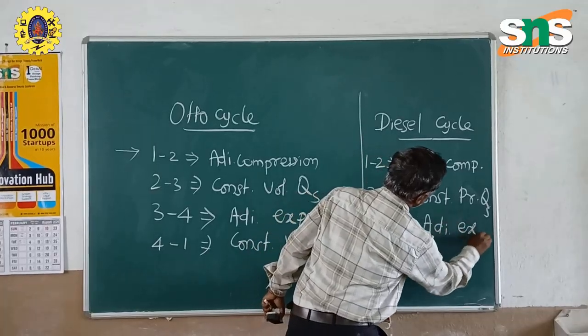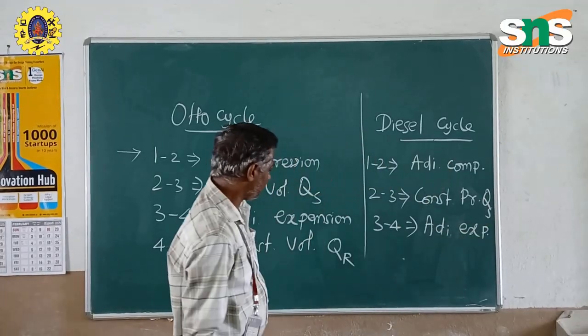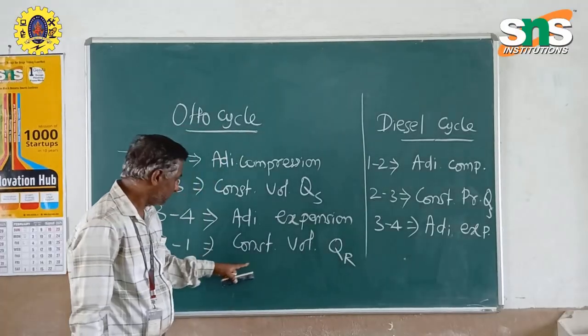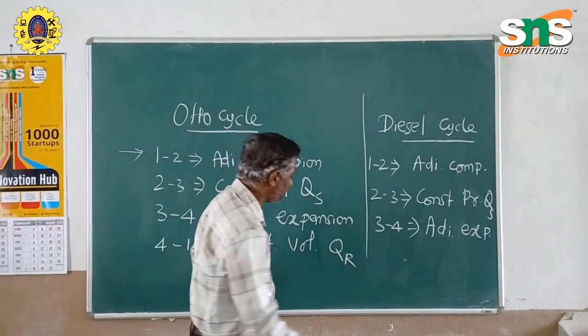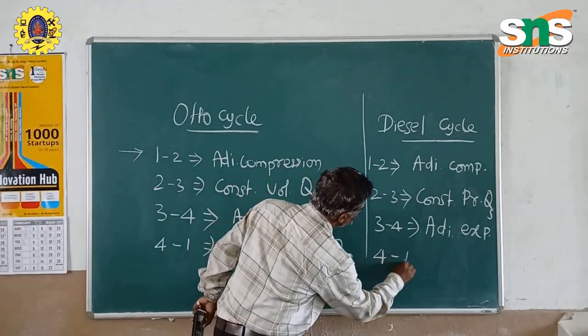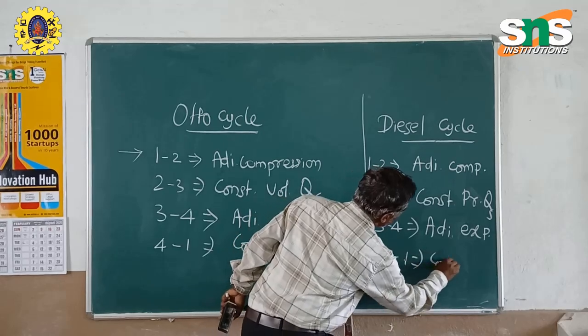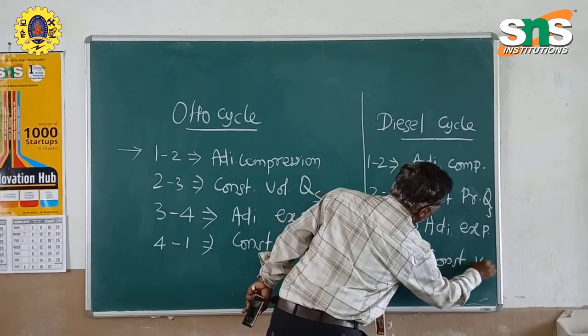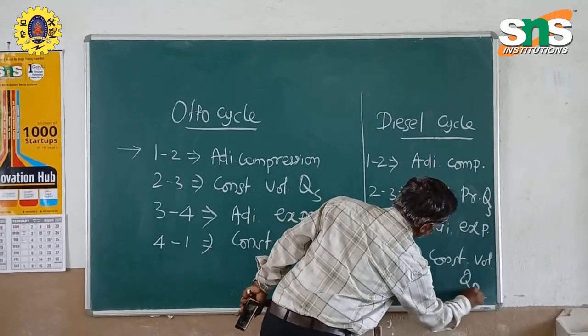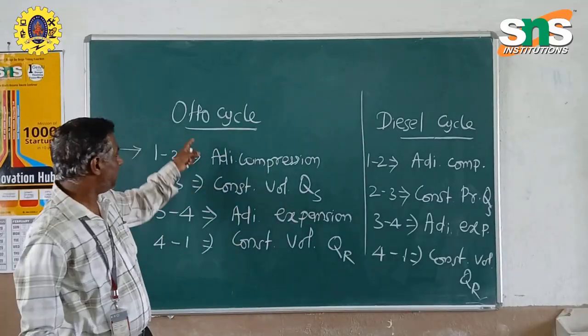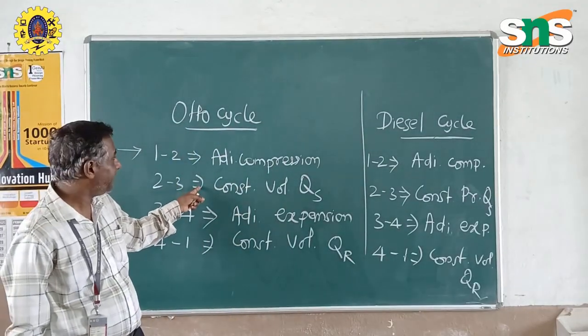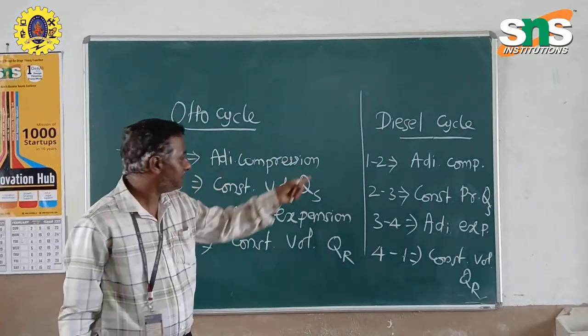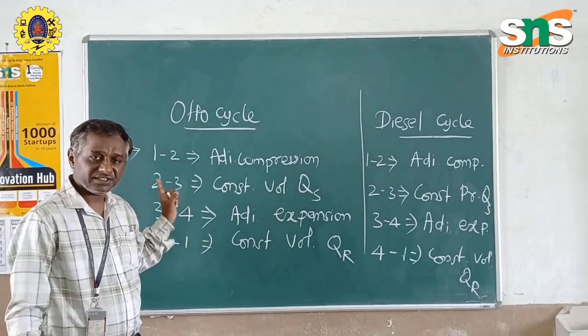So there is no deviation. And 4 to 1 is the constant volume heat rejection process. In the diesel cycle it is also the same thing, constant volume heat rejection process. Once again, process wise we have compared the Otto cycle and the diesel cycle. All the processes are the same.